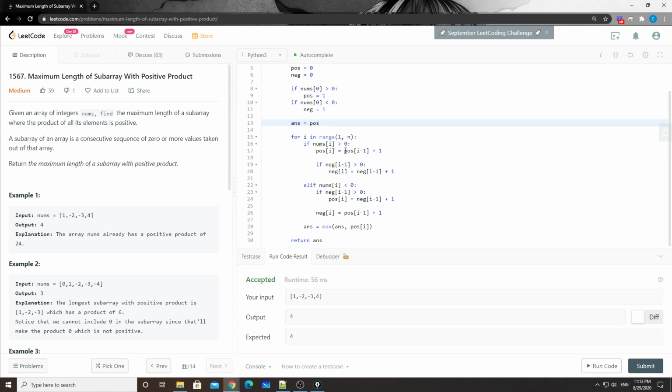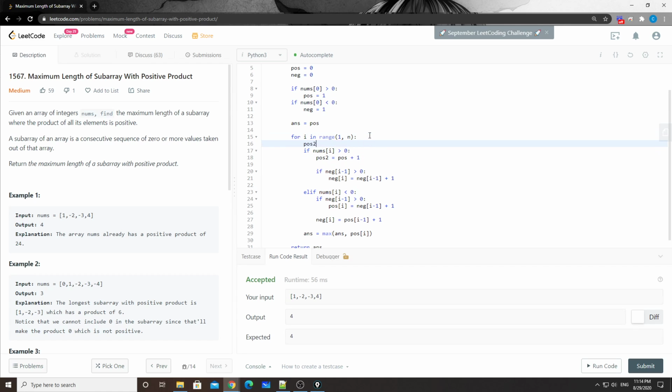Otherwise we may override the previous one. So basically the pos2 represents the new pos, and this one is the old one. So pos2 equals neg2 equals 0.